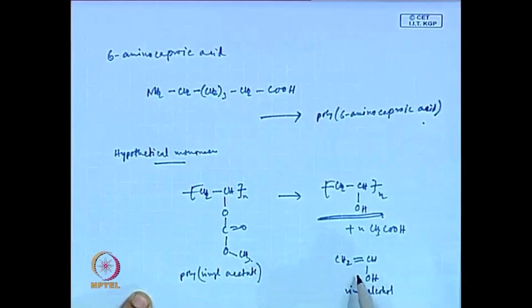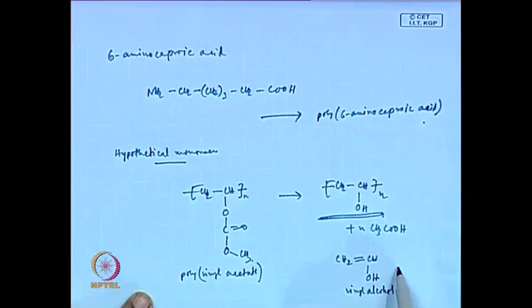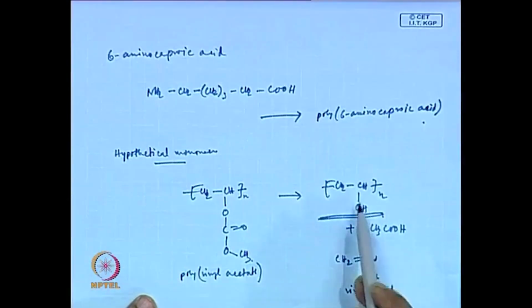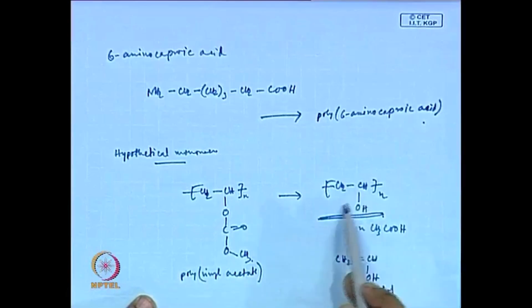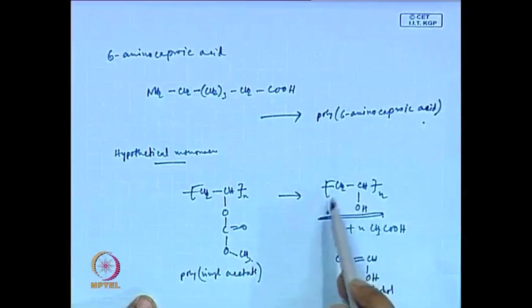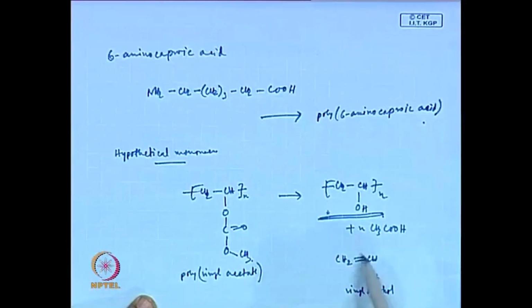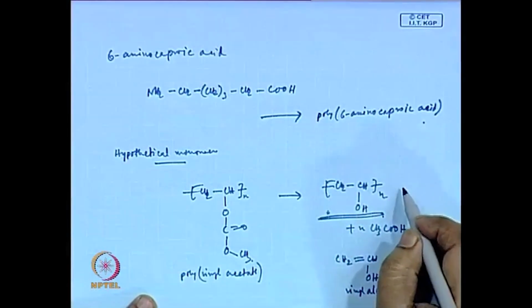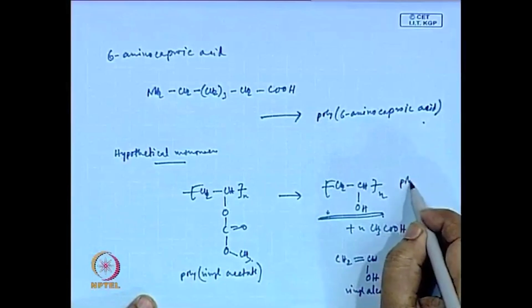Now, as a matter of fact, this does not exist independently, because it exists exclusively as its tautomer, acetaldehyde. But because this polymer looks like it has been synthesized from a hypothetical monomer like this, it is generally named polyvinyl alcohol.